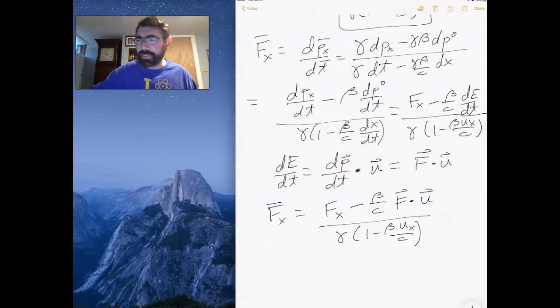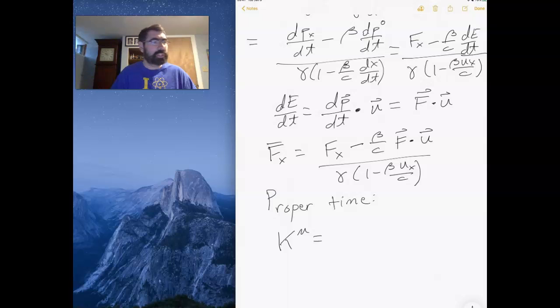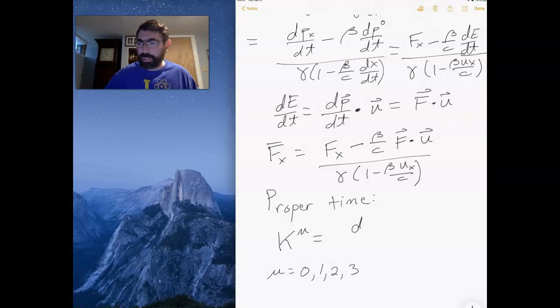So if you were to rewrite this, we could write in proper time a force, which now we're going to call K with an index mu, where mu goes from 0, 1, 2, 3, and it's the proper momentum divided by the proper time, often called the Minkowski force.